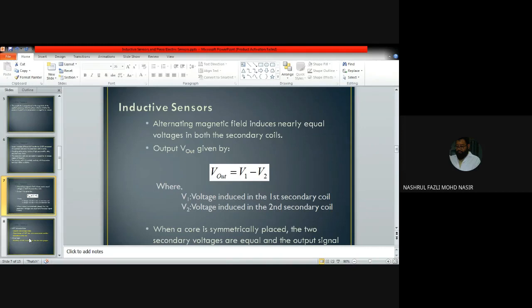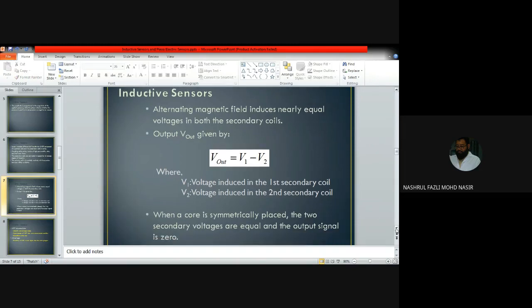So when the core is symmetrically placed, the two secondary voltages are equal, and the output signal is zero. This is how this is done.